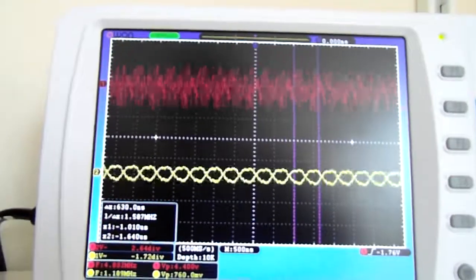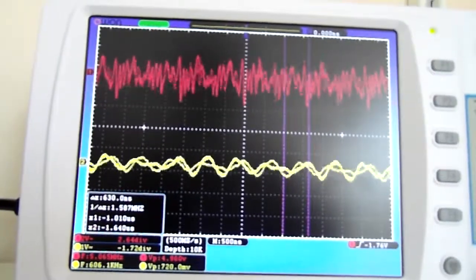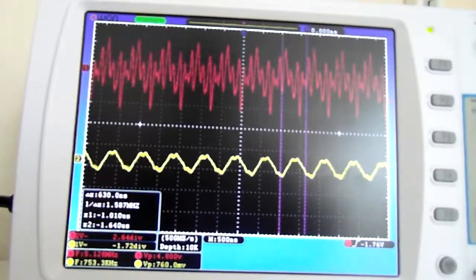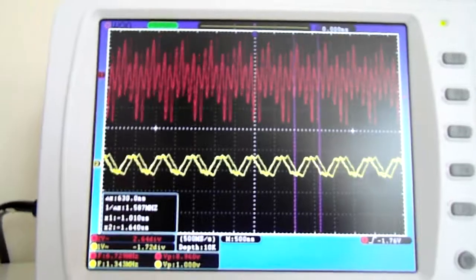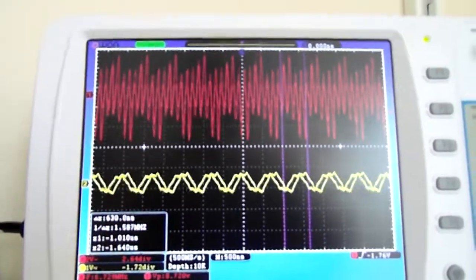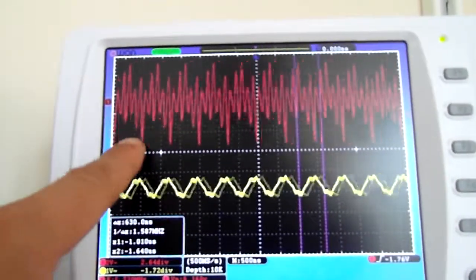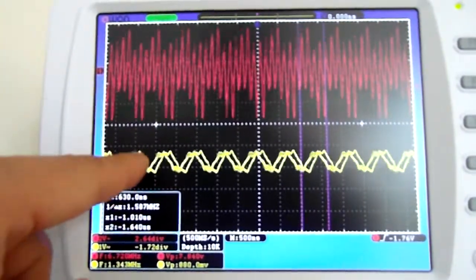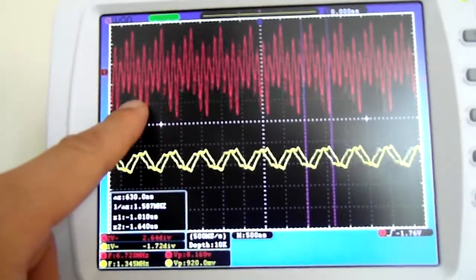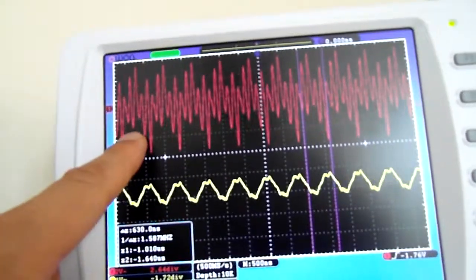Now it's 1.2 megahertz, and yeah, this is another ferroresonance. It's 1.3 megahertz. The radiation is kind of strong, but the ferroresonance is really strong.